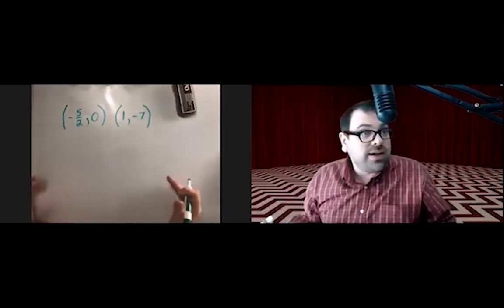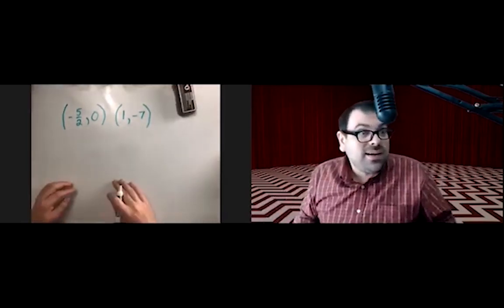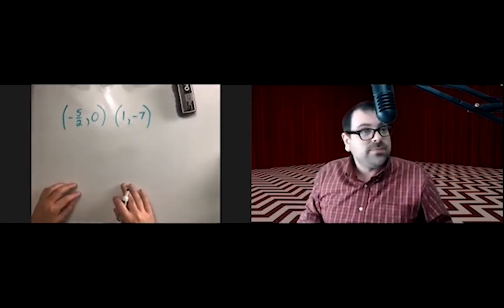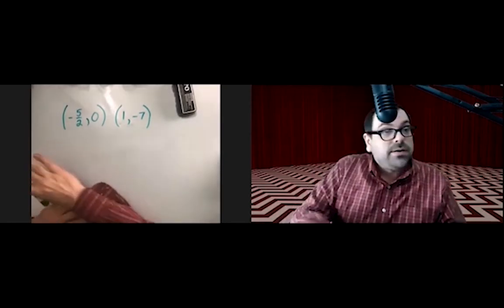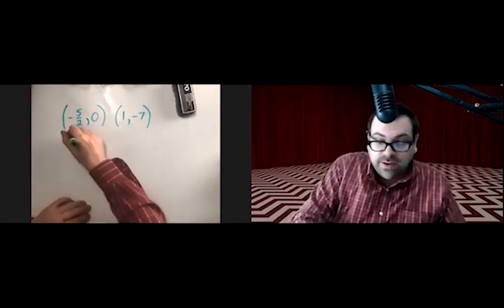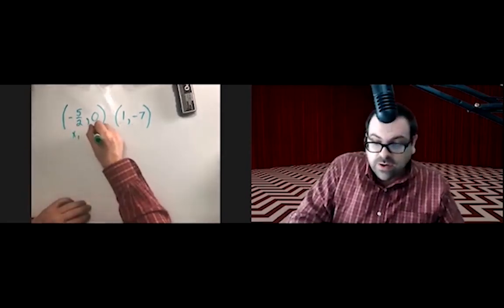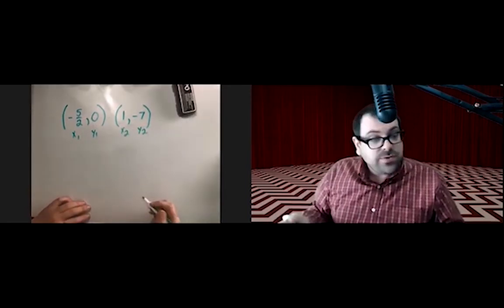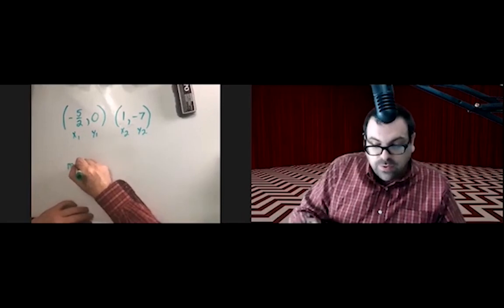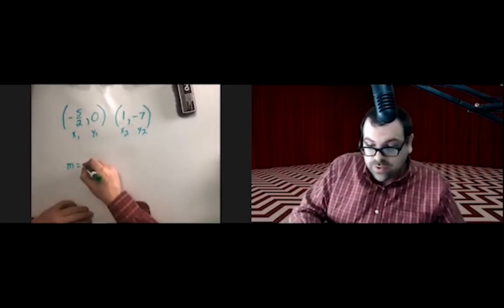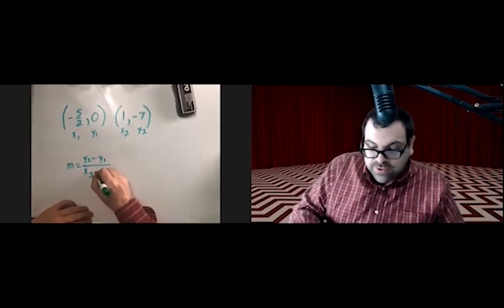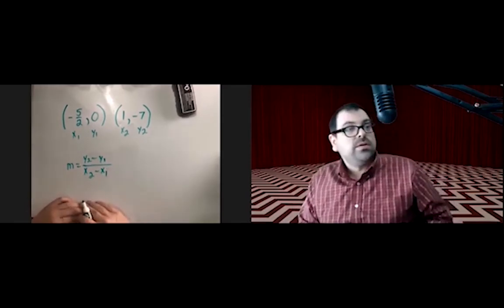Since the formula is not getting any harder, the only way I can make this more challenging is to throw in things like fractions. But we do it the same way. Here's an x1, y1, our x2, y2. We're going to do y2 minus y1 over x2 minus x1.